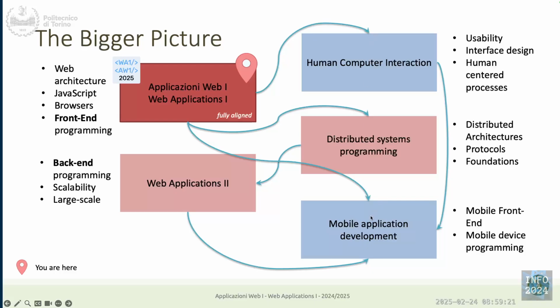And also related to that, we have the mobile application development course. The name says it all about mobile apps, and we'll see that for mobile apps the framework is totally different, and the operating system also, but the general architecture is very similar to that of a web application, because we always have a backend usually in the app, and they communicate in the same way with the same programming patterns.